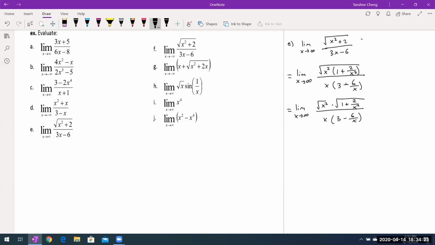Now here's the part, okay? A lot of times we might think right away that as x approaches infinity, this is not a problem. You might immediately think that the square root of x squared is x, giving x times the square root of 1 plus 2 over x squared, and x times 3 minus 6 over x.